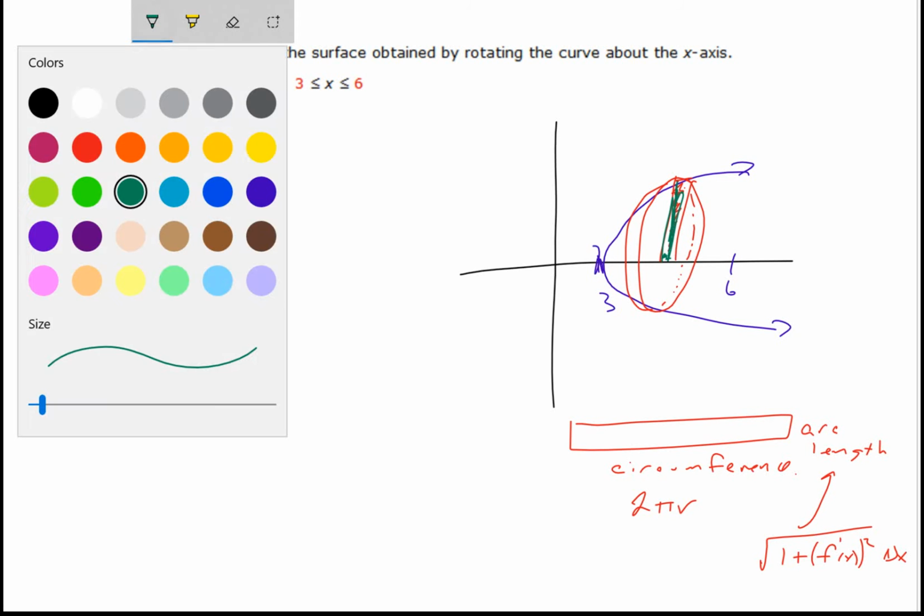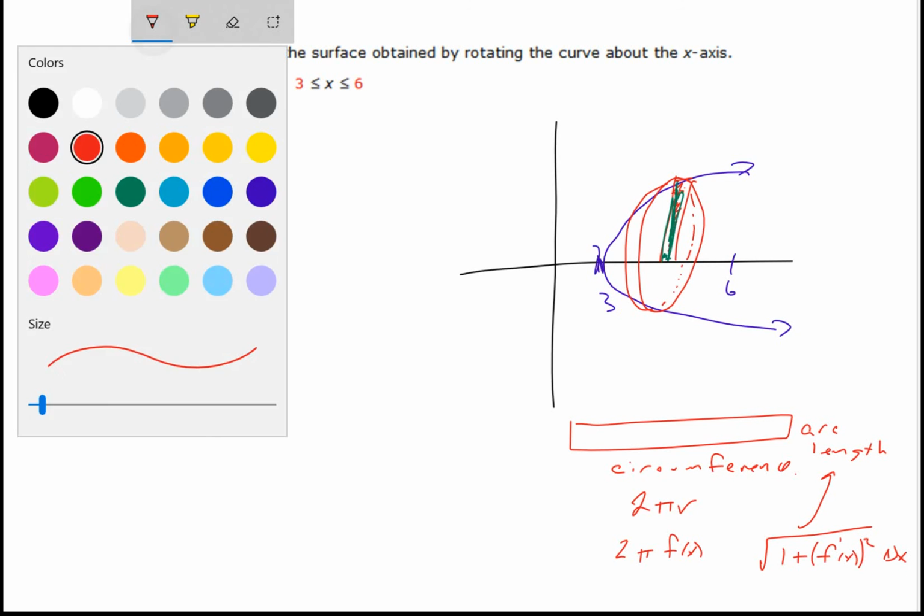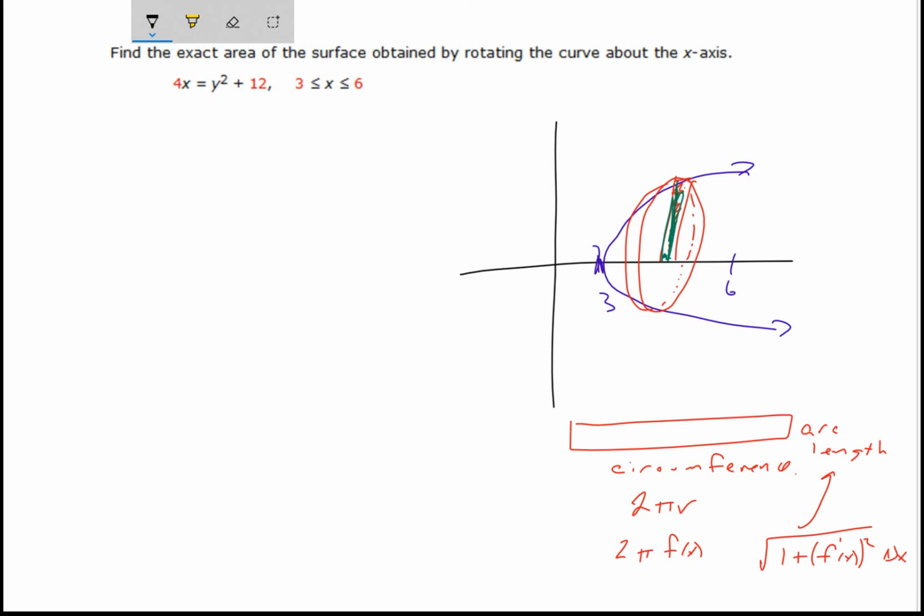So the radius, we will have 2 pi times f of x. So I need my function in terms of x. So that's going to give me y equals square root of 4x minus 12.